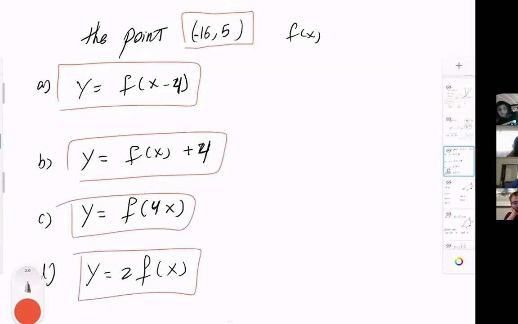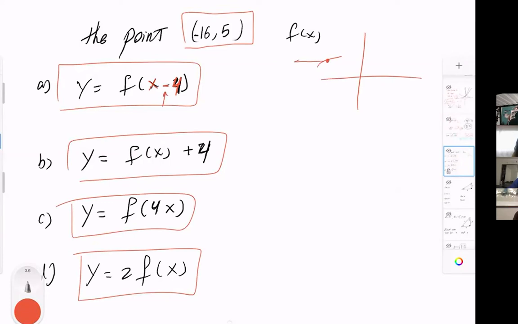So we have a graph, negative 16 and 5, for example, here. X minus 4. So what should we do to that point? Inside we always do horizontal.